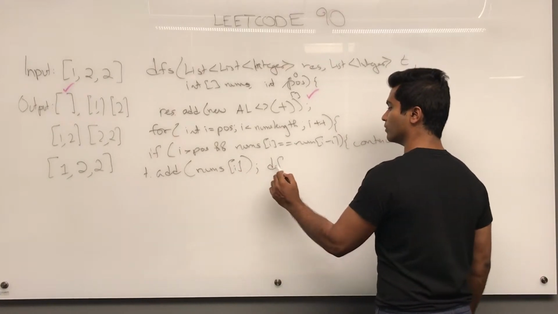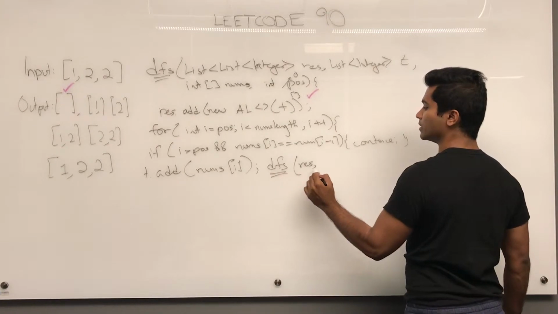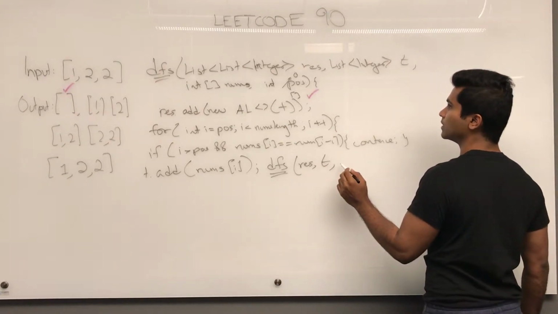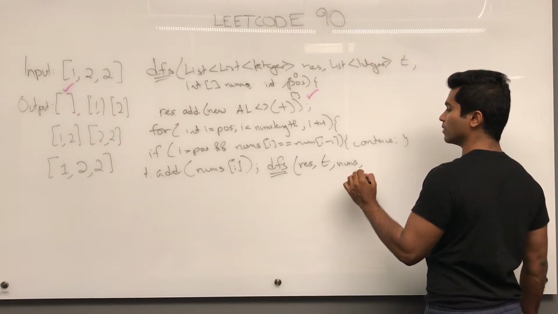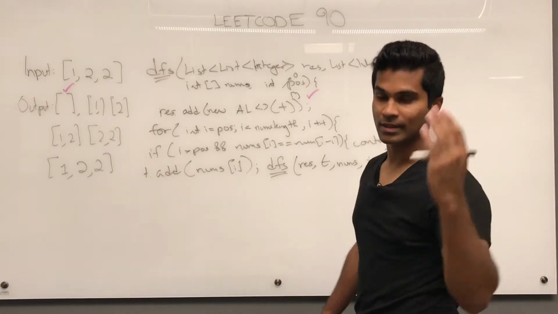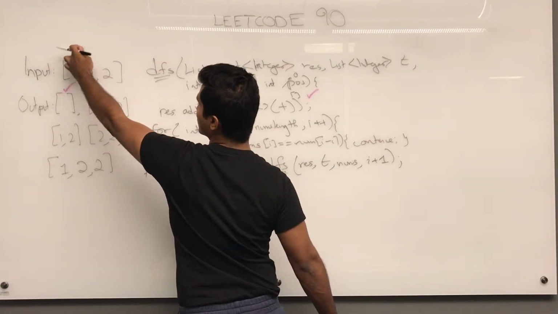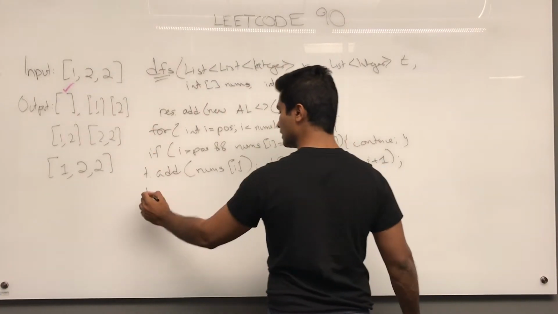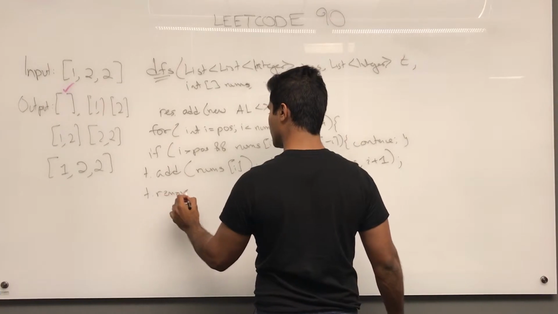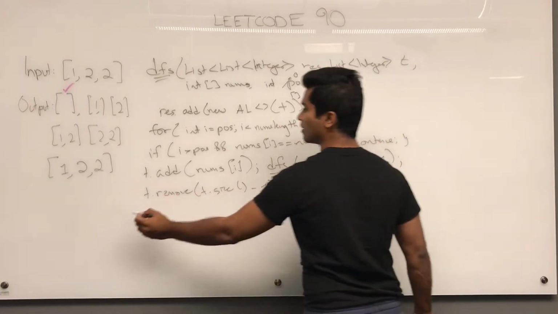Then we're going to recursively call this function. And what we're going to change is we're going to call i plus 1. So the recursive function gets the i that's next. So if we're starting out with 0, then it's going to recursively call 1 next. And then remove t.size minus 1.